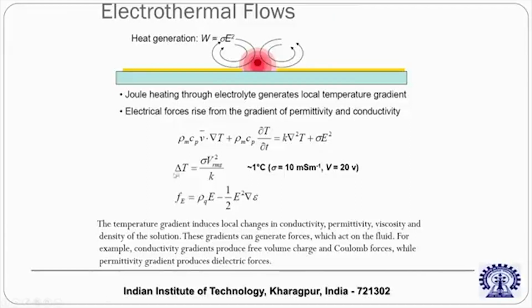You can see here that there is a property permittivity and there is a gradient in permittivity which can give rise to an additional body force beyond the charge density times the electric field. This additional body force is because of the variation of permittivity with temperature, and that therefore is created when you have a temperature gradient in the fluid. So, this may be very important for many biological applications.